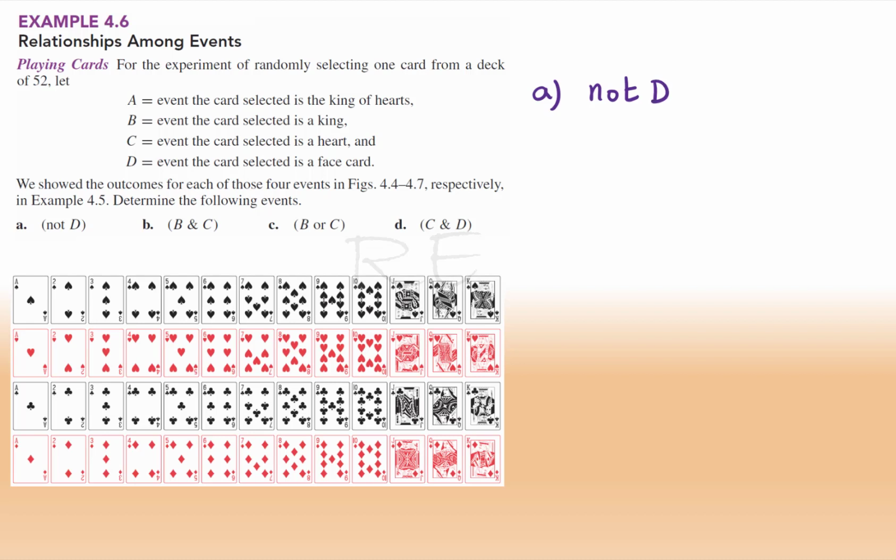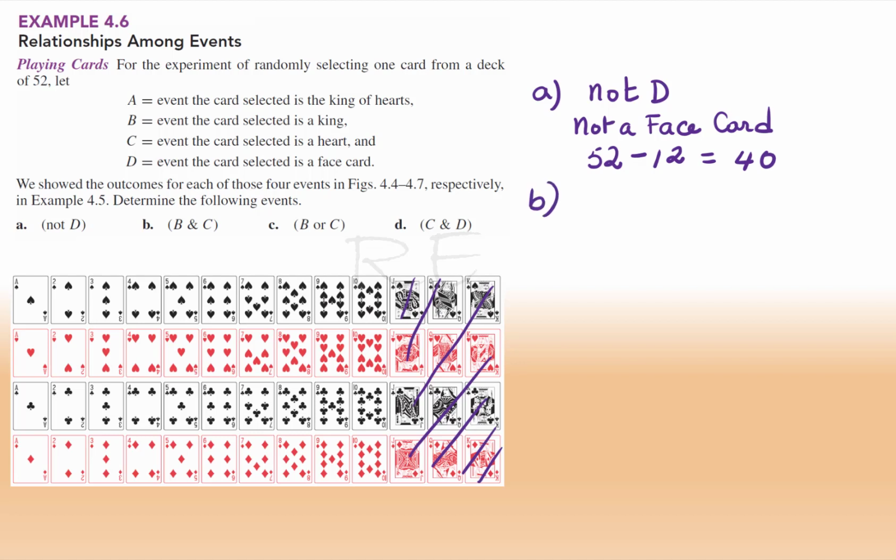So not D will represent all the cards that are not face cards. Now we have 12 face cards and 52 total. So the number of cards that are not face cards will be 52 minus 12, which is 40.